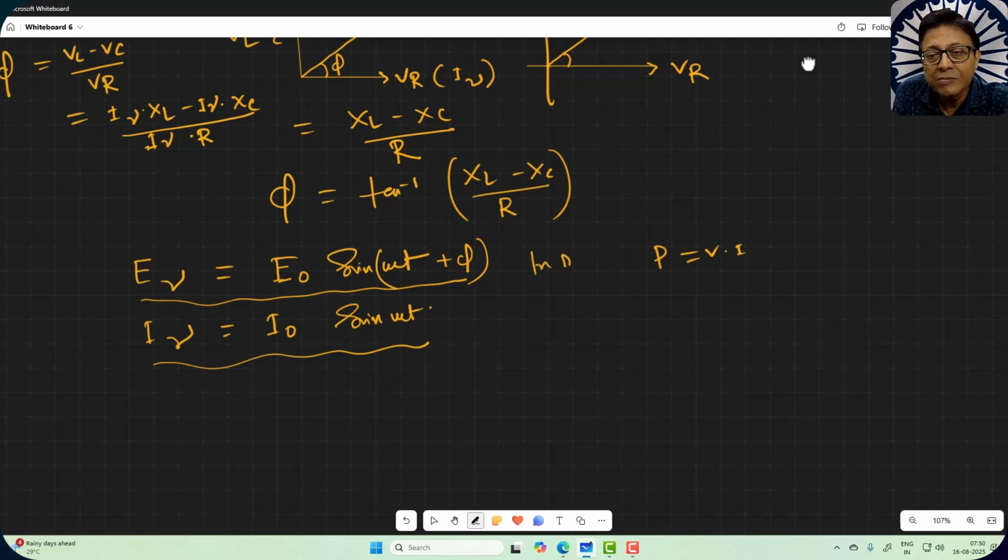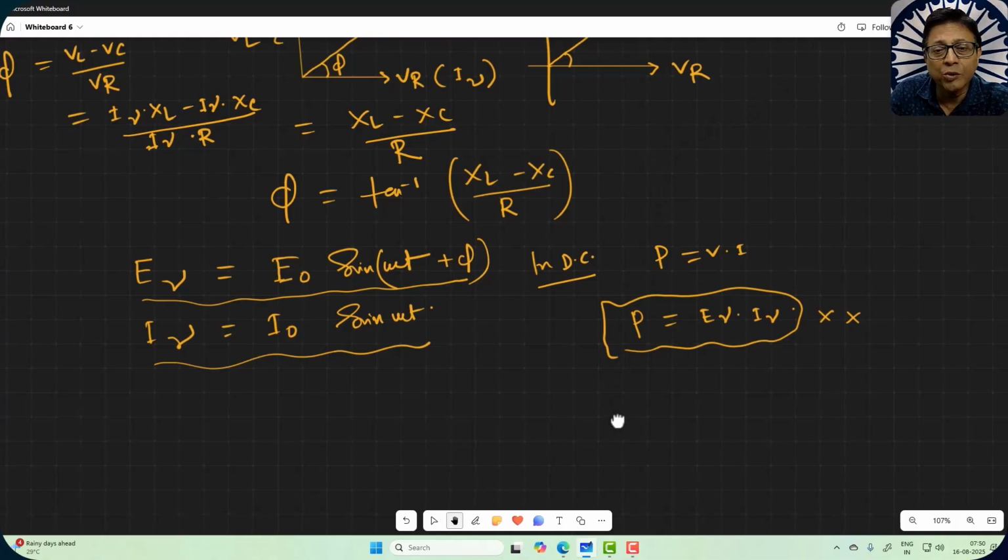In DC, P equal to V into I. But here, can we write P equal to e into i? No. You can't write P equal to e into i because this power is then going to change with the value of t. t is changing. So this cannot be the expression for power in an AC circuit.